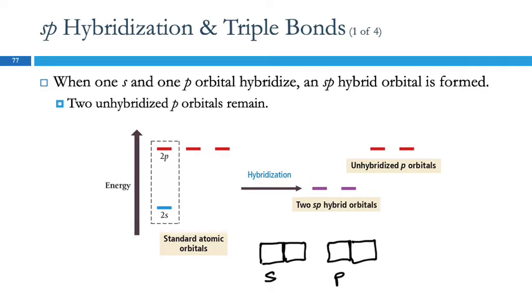Now we're going to call that sp because it's an s and a p. So we have 2 rooms here, 2 beds in this room, and the energy is between the 2 original rooms. And then we've got the unhybridized p orbitals, those beds that are just in what's left of the p room, okay?